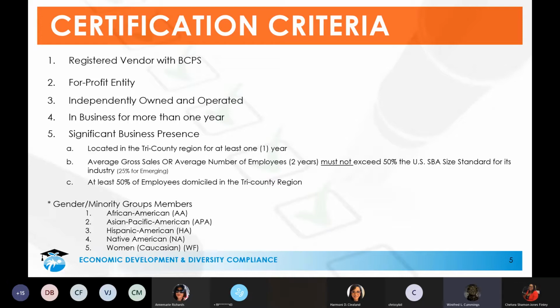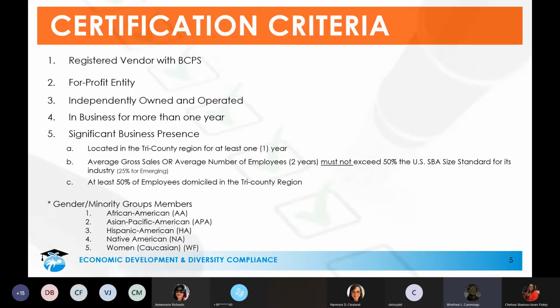You are independently owned and operated. You have to be in business more than 1 year. You have to have a significant business presence, so you are operating within the Tri-County region, Palm Beach County, Broward County, and Miami-Dade County, for at least 1 year.